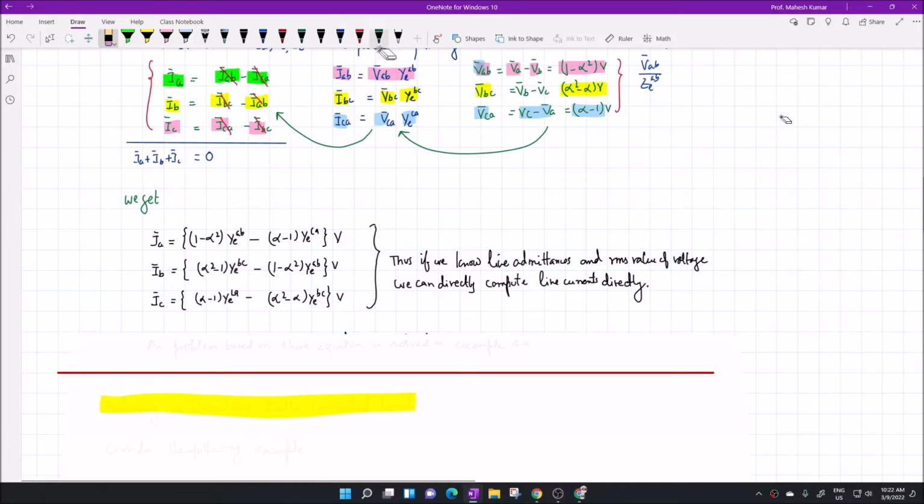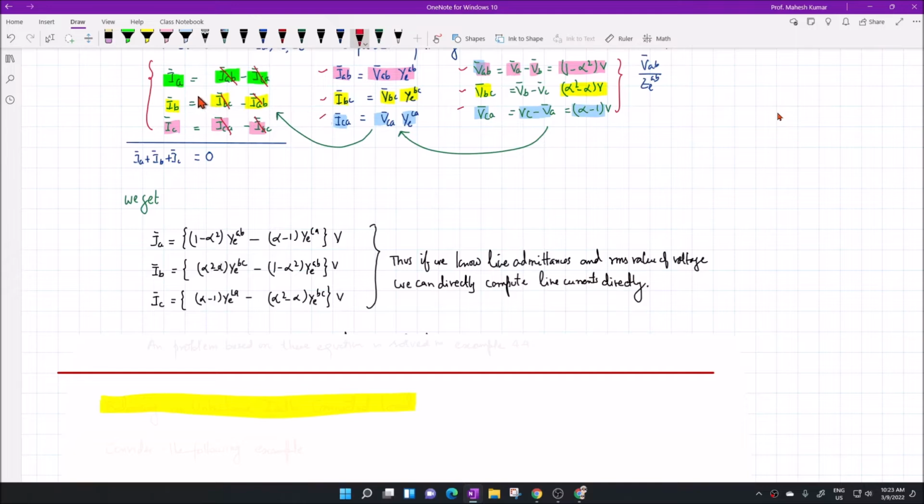This is alpha actually, and this you have to change it, alpha square minus alpha, so this is actually alpha. Now we can express these currents using these voltage relationships shown here, AB, BC, CA, and this relationship.